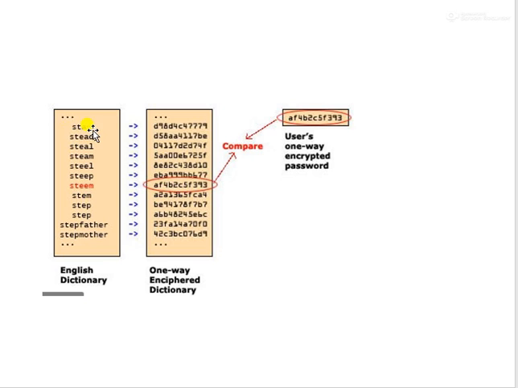He takes one word from the dictionary and then creates the hash code from this word by using all possible salt values. Like the first word is stay, the attacker will combine this stay with all salt values like s1, s2, up to sn, combine all salt values with this potential password stay, and then calculate the hash of each of them.